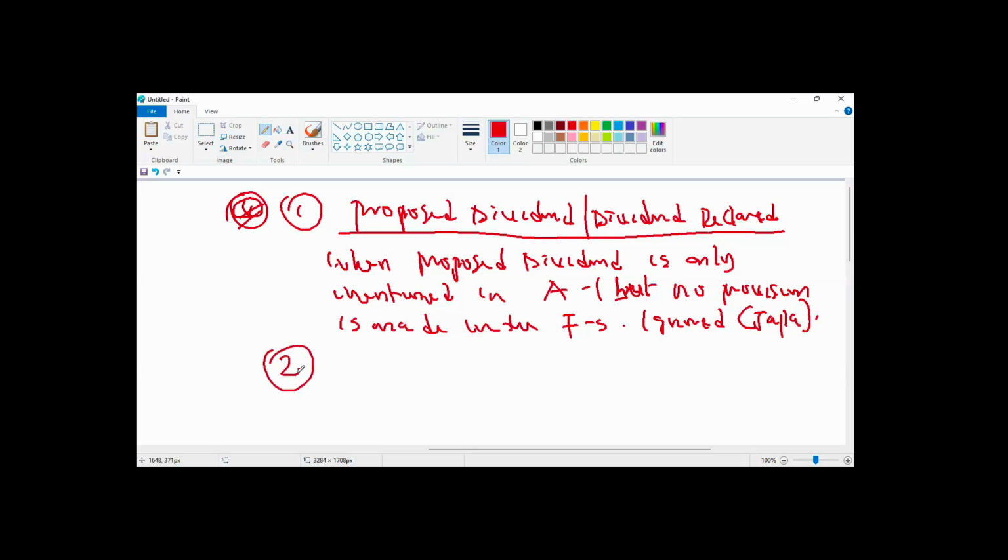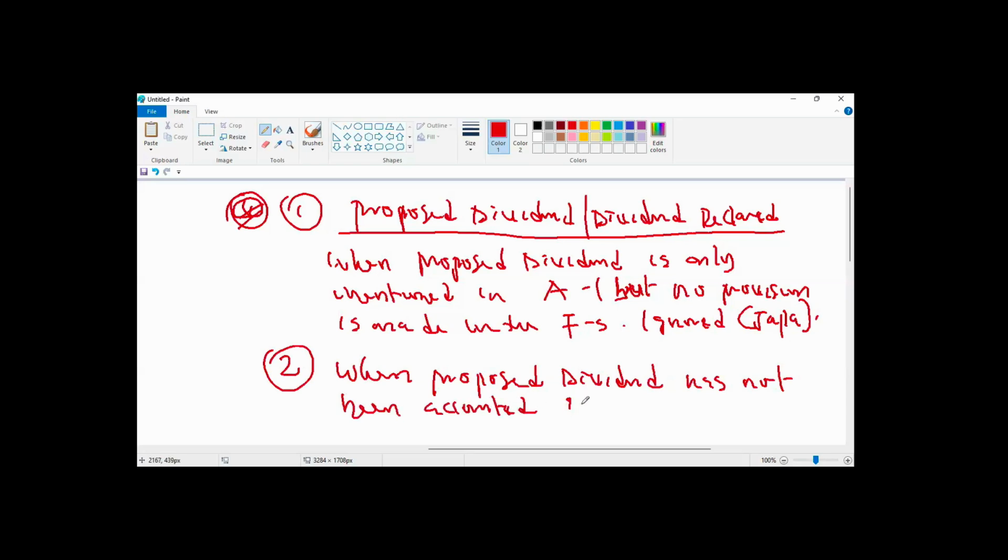Two, when proposed dividend has not been accounted for, but provision has been made in the financial statements.